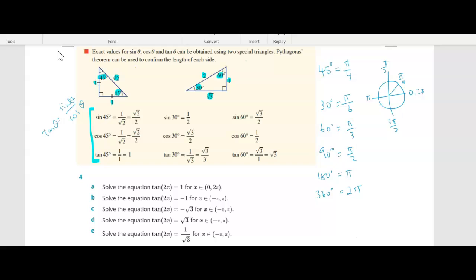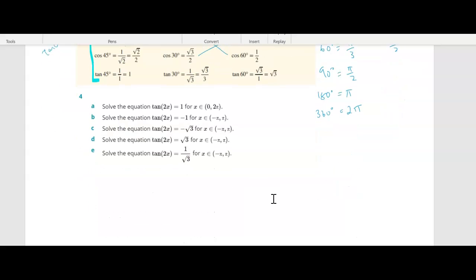So root 2 on 2 over root 2 on 2 is 1. And then the other values, you can see the relationship between them. That's because if you're working with 60 degrees, your opposite side, which is root 3, is the same as the adjacent side for 30 degrees. So that's why they look quite similar there.